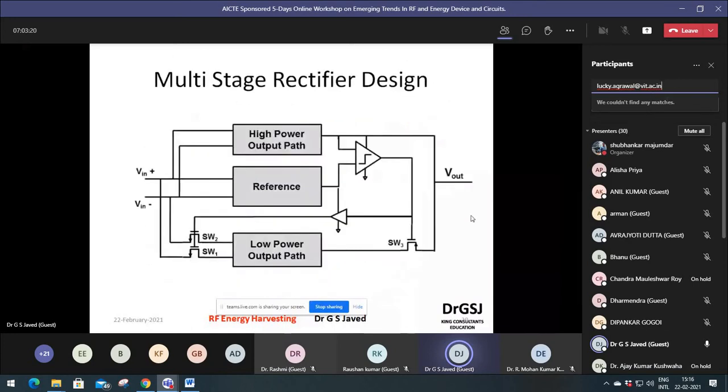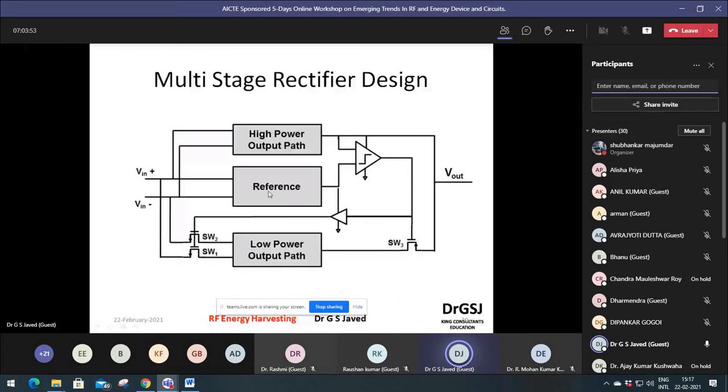The antenna or rectifier has two paths: a high power path in the rectifier and a low power path in the rectifier. When power from both bands is connected, you can use the high power path. When either of them is used, you can use a low power output path to find the value, compare and then rectify.